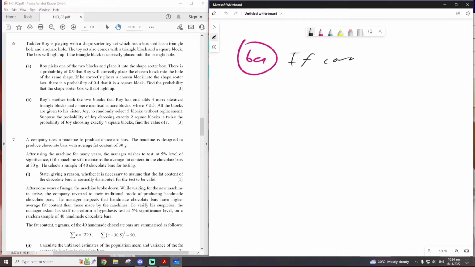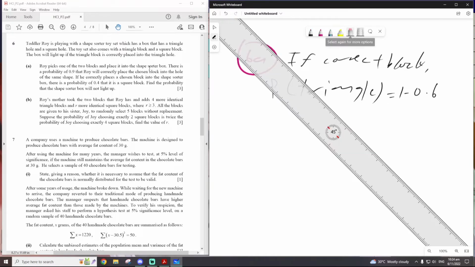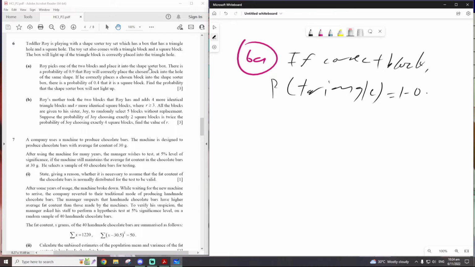If correct block, probability triangle, because there's only square and triangle, is just 1 minus 0.4, which is 0.6. That is the probability that the block was a triangle, given that a correct block was placed into the correct hole.